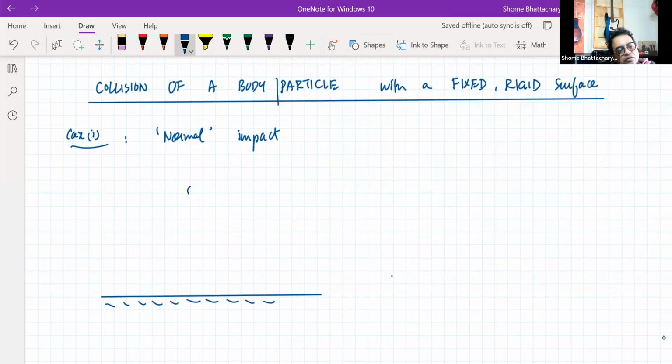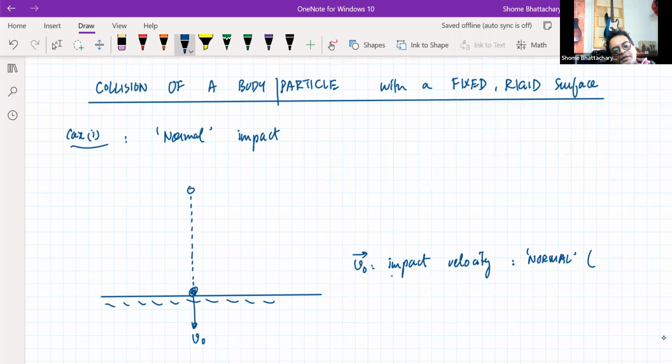If it comes and collides with a velocity v0, where v0 is the impact velocity, and that should be normal, or that means perpendicular to the surface. So this is our fixed rigid surface.